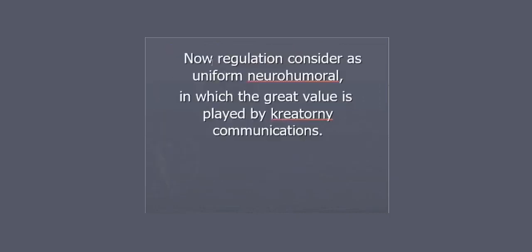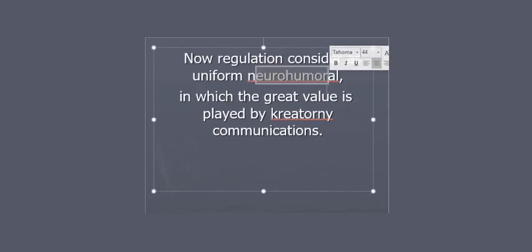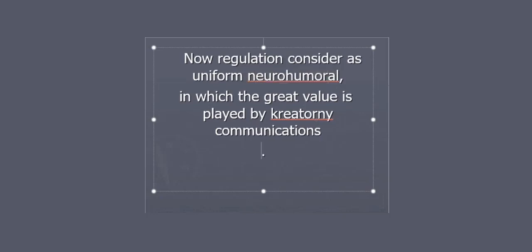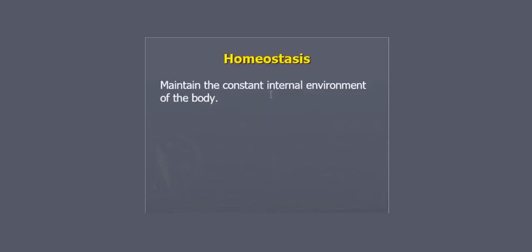And again, neurohumoral regulation uses the nervous system and the endocrine system together, for example to maintain the water balance. And in physiology we have one important concept, called homeostasis.